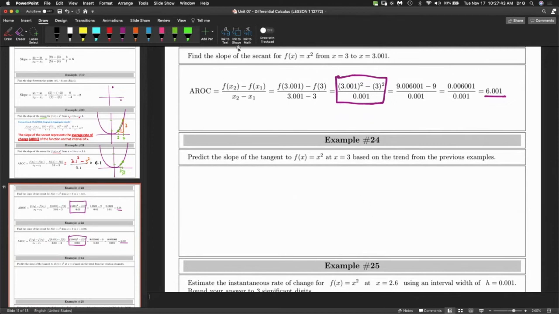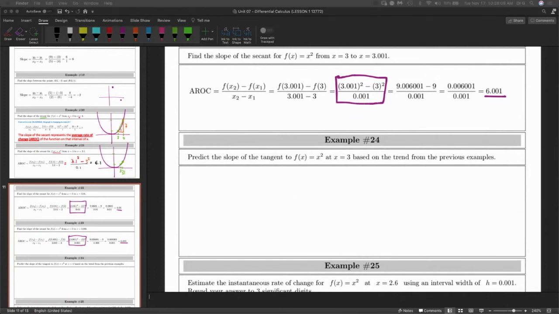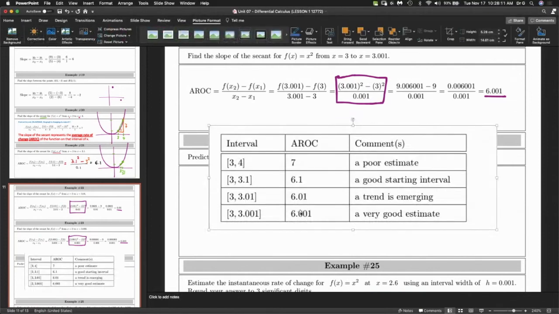What is the value that the slope is getting closer and closer to? Thank you, Lucas. It's getting closer and closer to 6. I'll actually summarize it with a table. I made a table here to make it easier. Let me pop that up here.